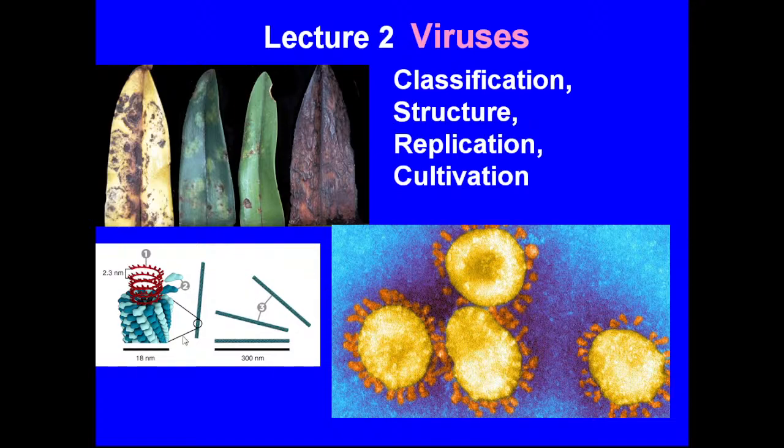To the left, the tobacco mosaic disease virus, and you can see the symptoms produced by this virus. That was the very first one. And to the right, you can see the very last one, newly discovered, a particular type of coronavirus called SARS-CoV-2, the causative agent of COVID-19 disease.